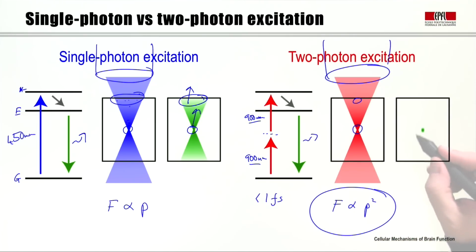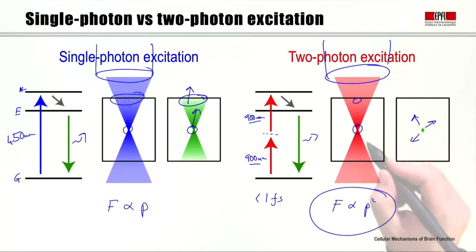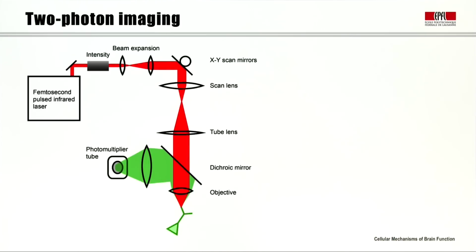And so we limit the excitation to a small focal volume in the two-photon excitation mode. We then do not have any out-of-focus fluorescence, and all the emitted photons come from this excitation volume. We can then use this small volume to image what's going on in the brain.